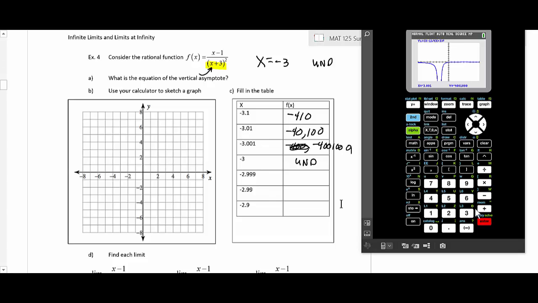Now, let's go this way. Let's trace starting at negative 2.9. That's actually a little bit to the right of negative 3. So if I do negative 2.9, trace on that, let's see what we get there. That's going to be, looks like negative 390. And then if we do negative 2.99, be careful there.